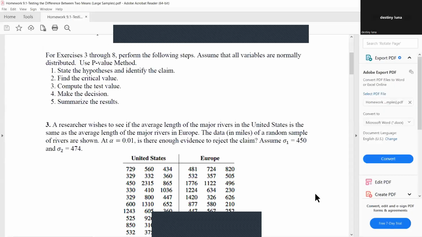And so that's mu. Your claim, I'm going back to here. The claim is, is there enough evidence to reject the claim? They want to see if the average length is the same. So your claim is actually H0 in this case.